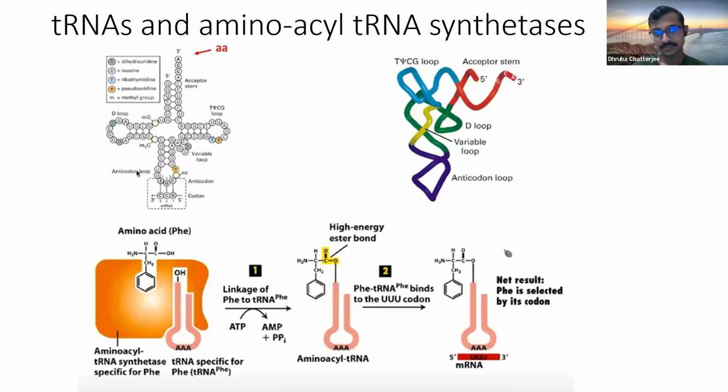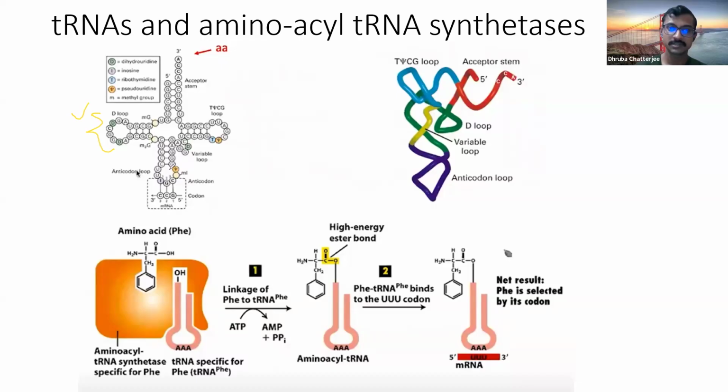You can see in the left picture that after the tRNA is synthesized as a result of transcription of the tRNA-encoding genes within the nucleus, they form secondary hairpin structures because of complementary base pairing within the RNA chain, like intra-chain hydrogen bonding.